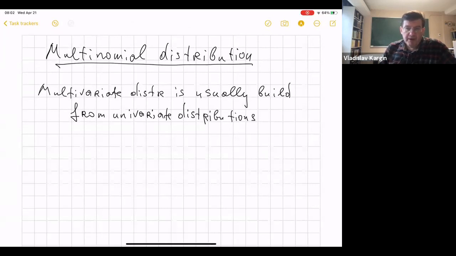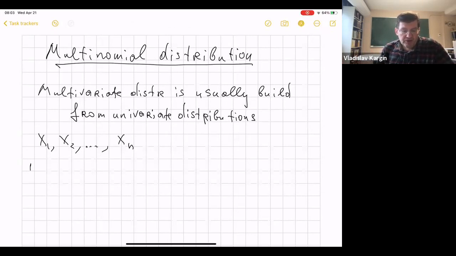So if you have several random variables, x1, x2, and so on, xn, and you want to figure out the joint distribution, just model, what's the model for these several random variables? The usual approach is, well, maybe you can assume that they're independent. Of course, not always, but sometimes you may assume that they're independent.